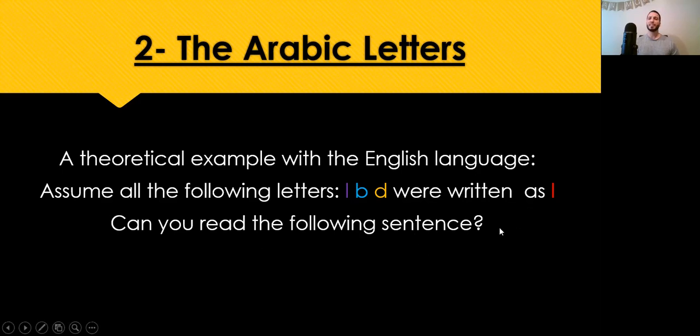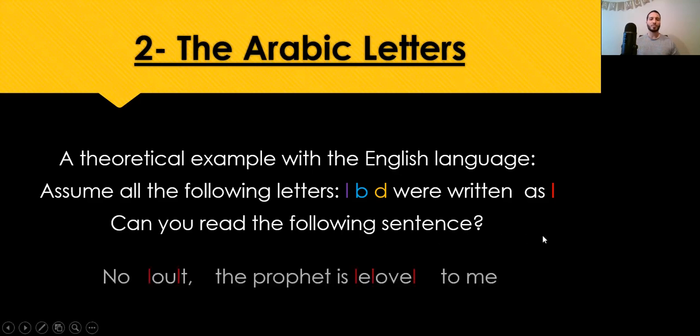I'm going to give you a sentence now, and I want you to type in the chat what you think that sentence is. Because I'm assuming you know the English language, you're going to be able to figure out what the red straight lines are. So this is the sentence. Are you able to figure out what those red lines are and substitute them with the right letters?